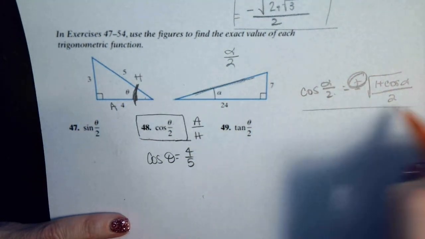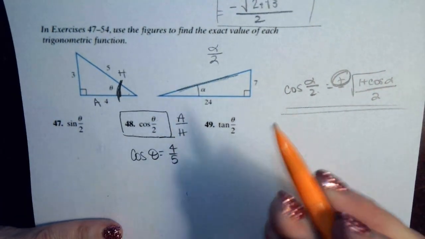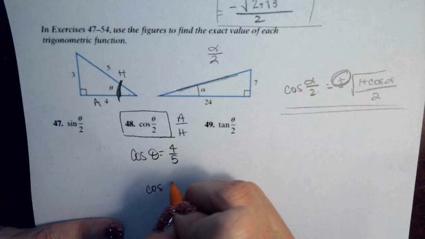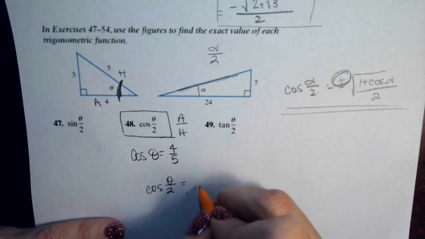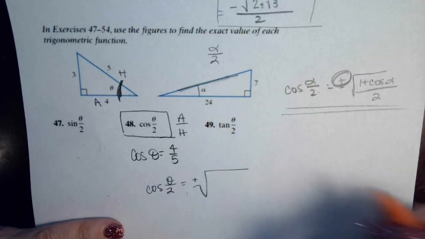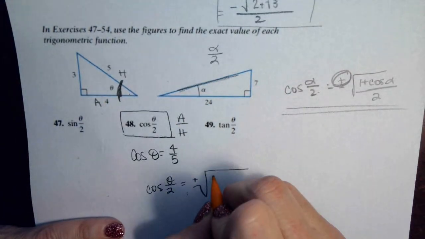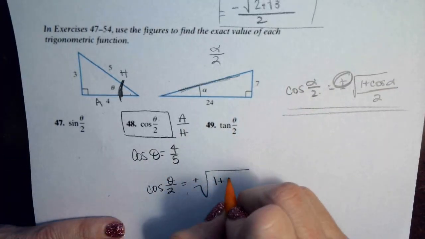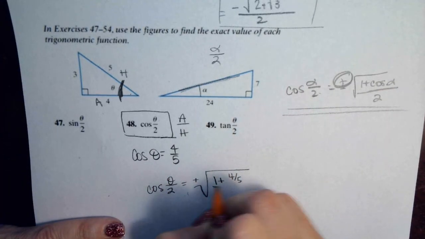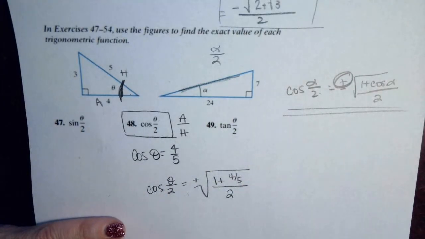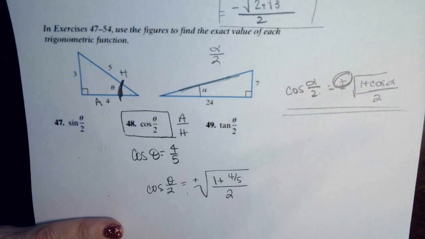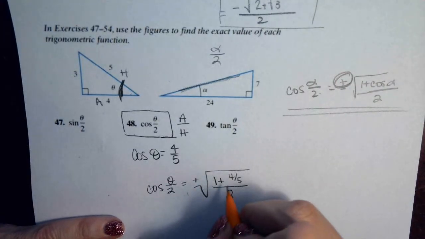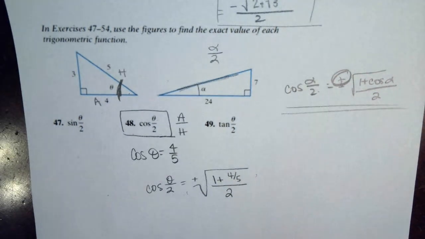Okay, so now using this formula, cosine of theta over 2 is going to be equal to positive, because these are all positive, square root of 1 plus cosine, which in this case was 4/5, all over 2. You can clean this up in whatever fashion you want to. I can multiply both the top and the bottom by 5 to get rid of the fraction.